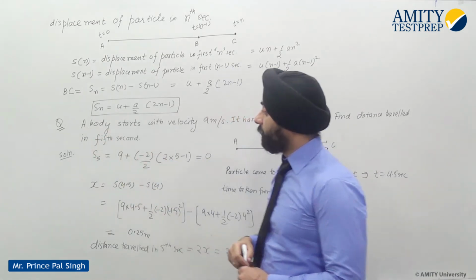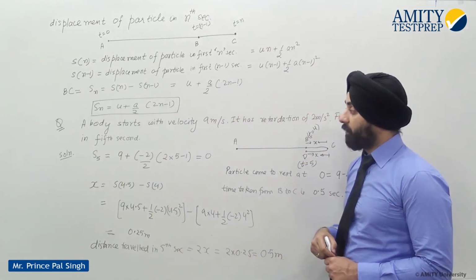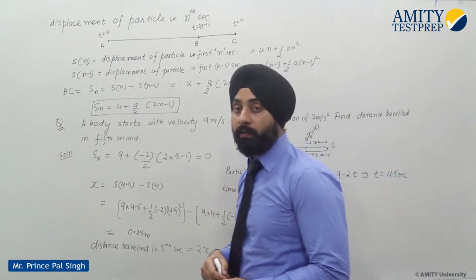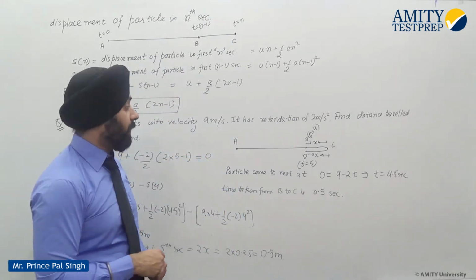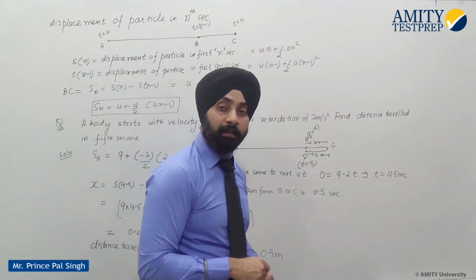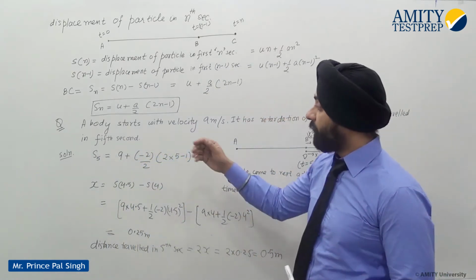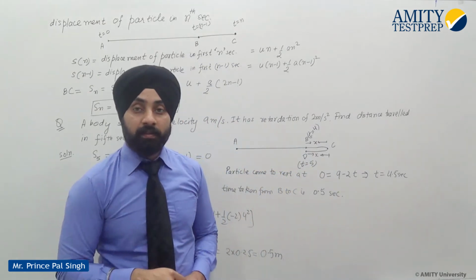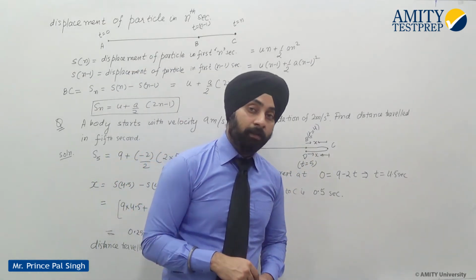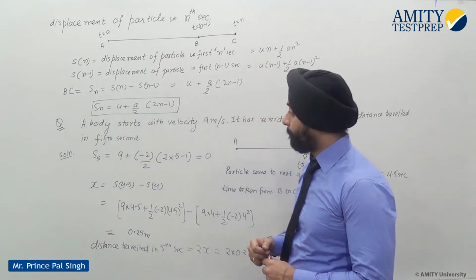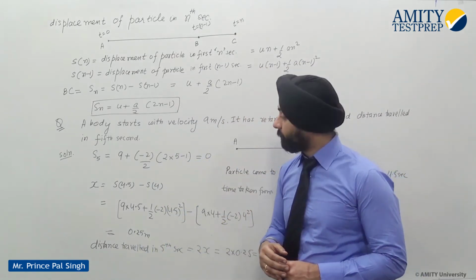Now there is a numerical. A body starts with velocity 9 meter per second and it has a retardation of 2 meter per second square. We have to find out the distance travelled by the particle in the 5th second. Sometimes distance and displacement are equal and sometimes they are not equal, and this is an example which shows this.